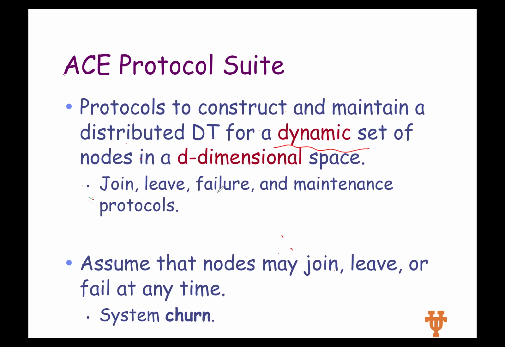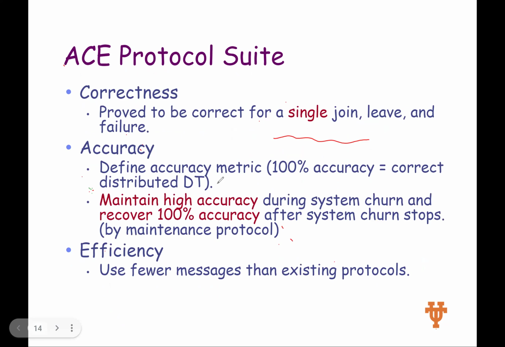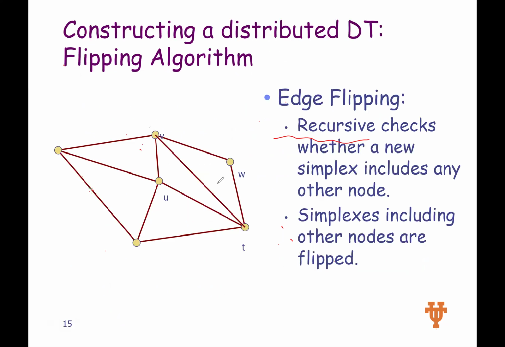They will join, and sometimes they will leave, but they will not fail. But the internet nodes will fail, of course. It is proven to be correct for a single join, leave, and failure, and we can skip the rest.